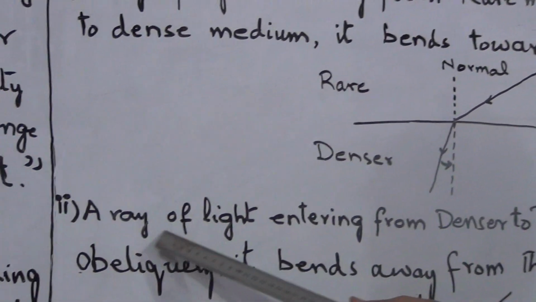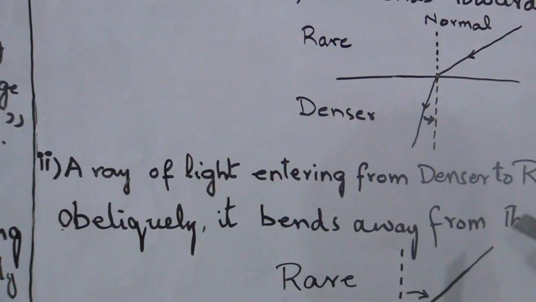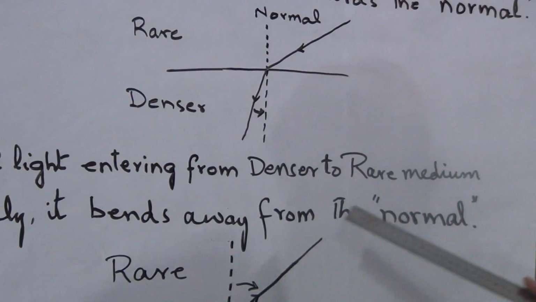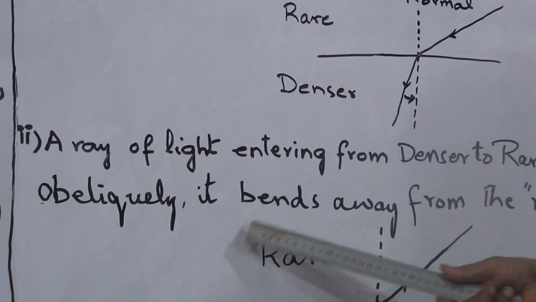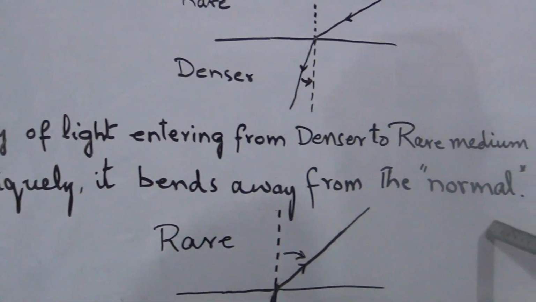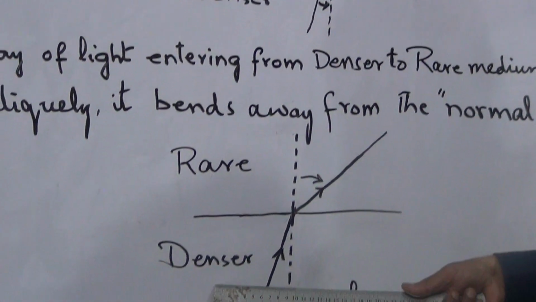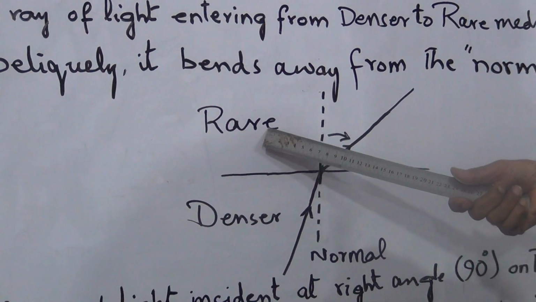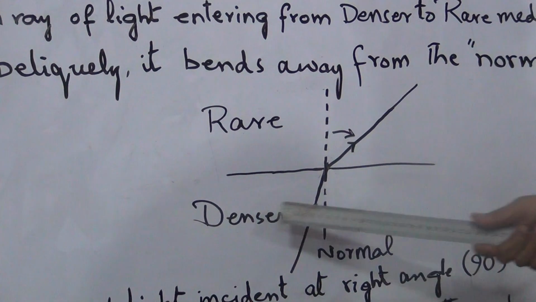Second characteristic: a ray of light entering obliquely from a denser to a rare medium bends away from the normal. Look at this, this is the denser medium, this one is the rare medium, and this is the surface of both media.